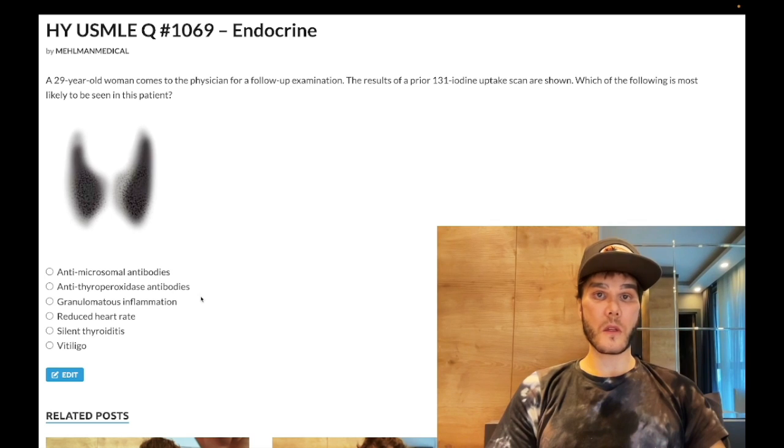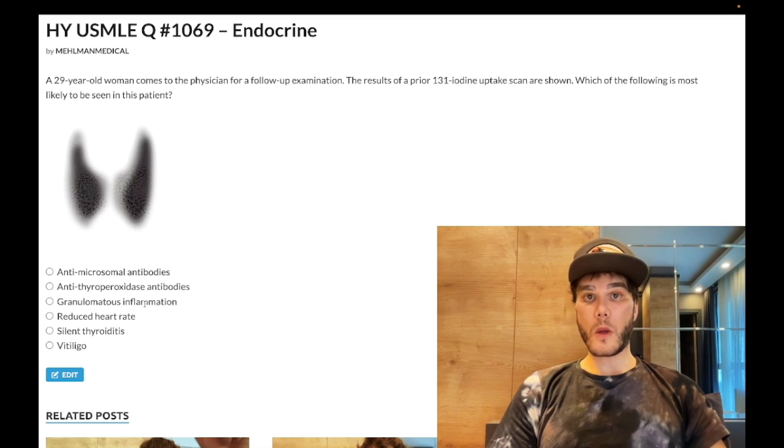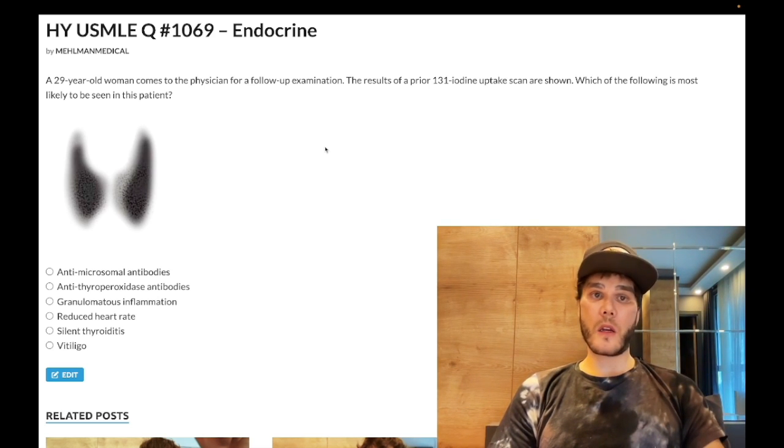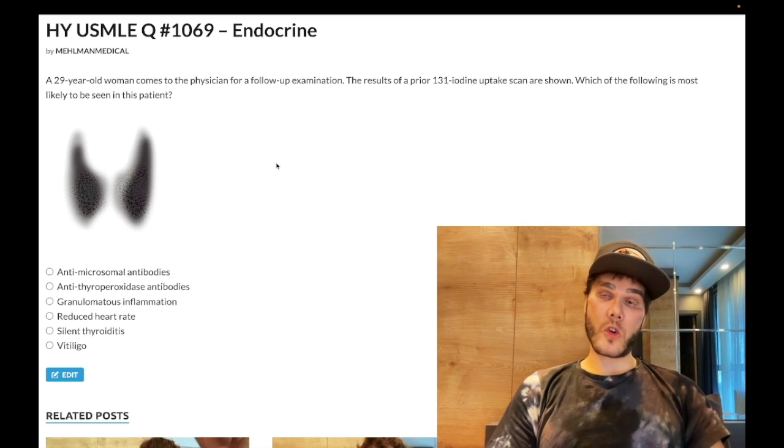Choice C, granulomatous inflammation, wrong answer. This would be subacute granulomatous thyroiditis, aka subacute thyroiditis, aka de Quervain thyroiditis. We would have a tender, painful thyroid, which of course I didn't give you a vignette here to go off of, but we would have decreased uptake in de Quervain.